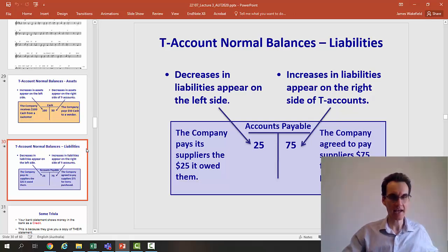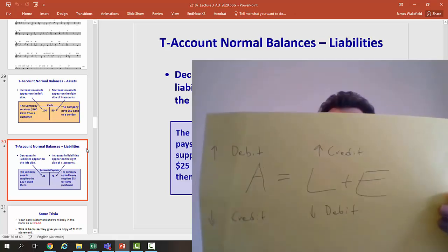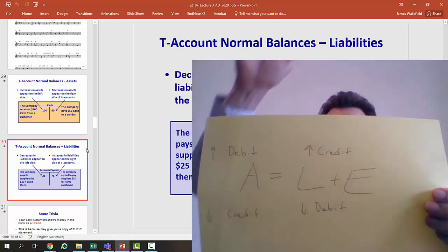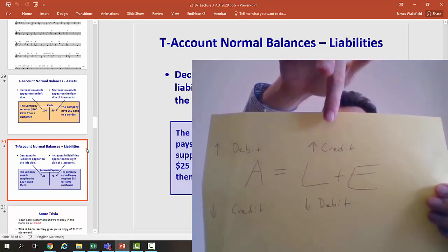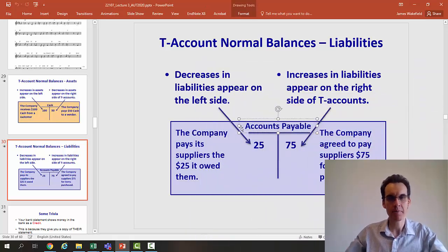Now, as I said, when I showed you this particular accounting equation, assets equals liabilities plus equity, I said that to increase liabilities, we credit those accounts. So any increase to a liability account, for example, accounts payable, will enter the credit side of that particular T account, right?